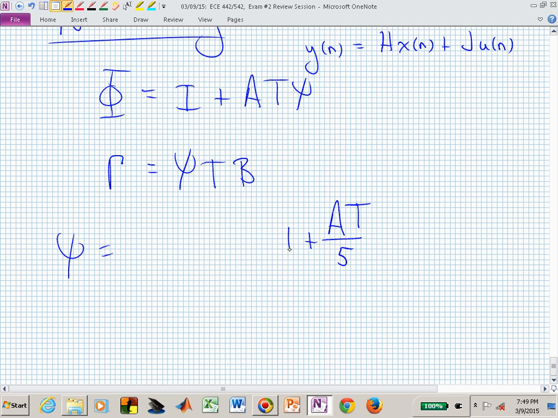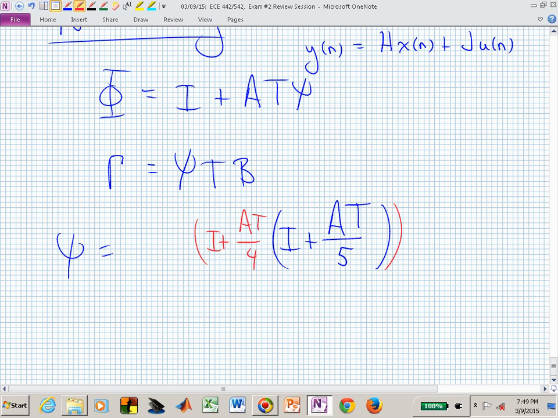Then you add to that, I'm going to run out of room, the identity matrix. Then you hit that with AT over 4. You add an identity to that.